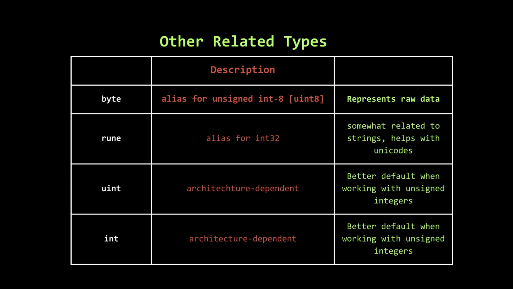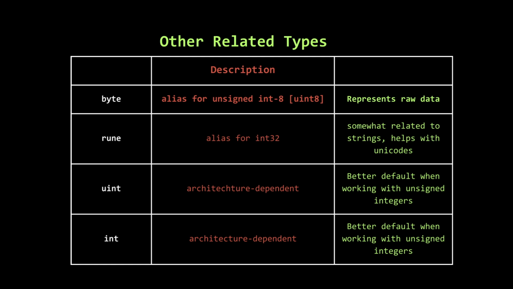We have the unsigned int and the int. The unsigned int, if we take note, doesn't have the number system attached to it. So an unsigned int and a normal int are both architecture or platform dependent. And what do I mean by this? If your system is much more recent, 9 out of 10, that means your system is a 64-bit system. So any integer value will be stored in the range of int64.